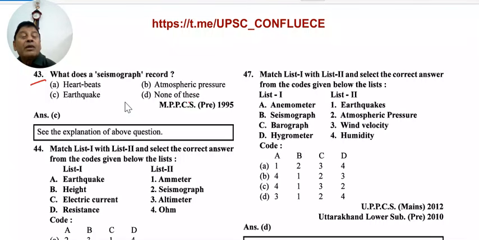What is a seismograph used for? It's all obvious. Earthquake से जुड़ा हुआ है, भूकंप से.